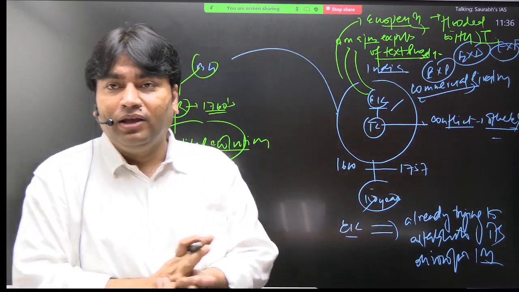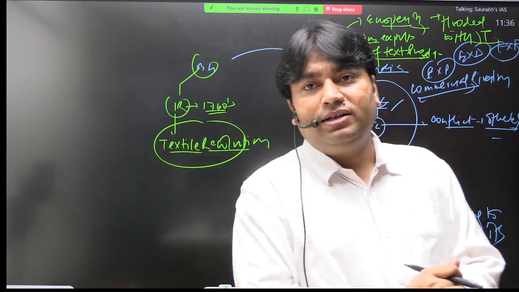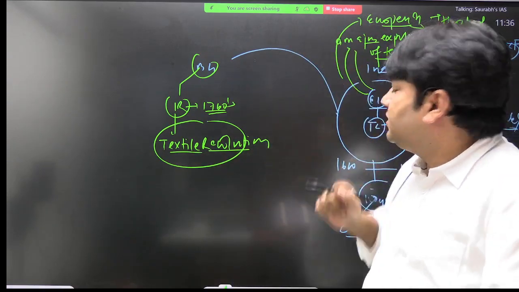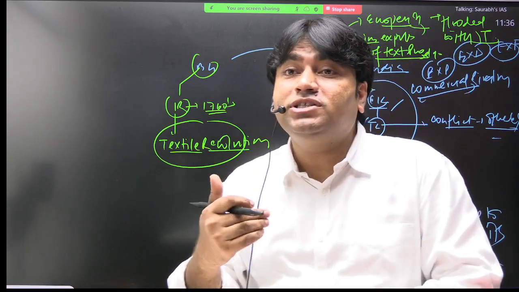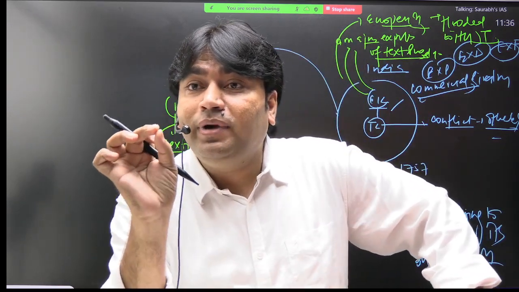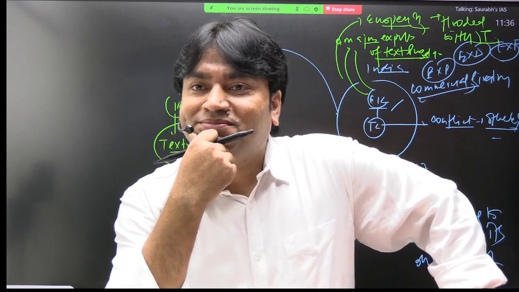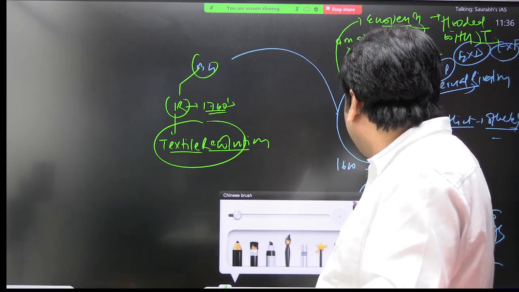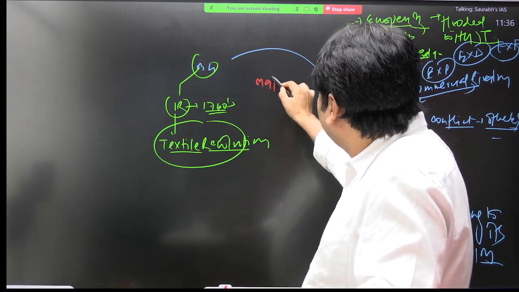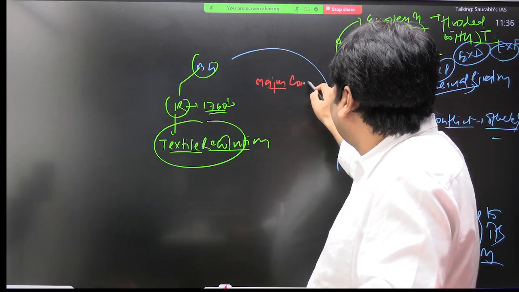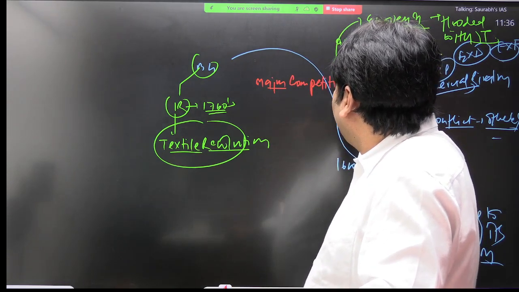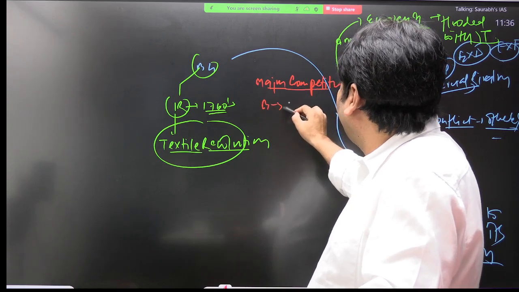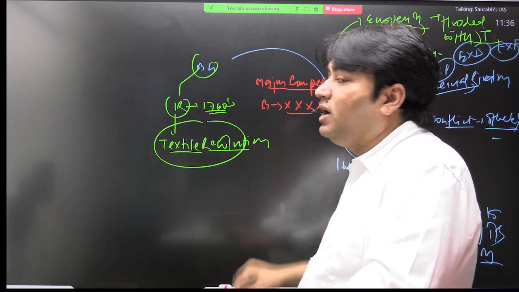Got it? ये बहुत ही मजेदार सिनेरियो है. It means who is the most important competitor of Great Britain? India, major competitor. India was a major competitor, and Britain was not able to compete.